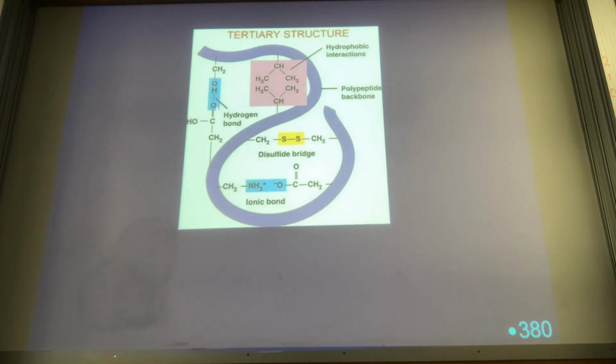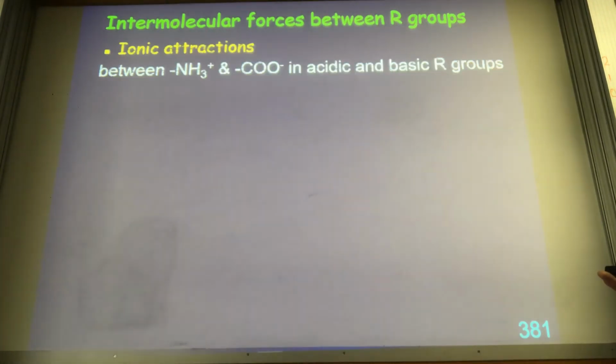We can get ionic bonds formed, where we've got an acidic and a basic amino acid side chain. And we can get disulfide bridges formed when two cysteine molecules actually physically react together to form a covalent bond. We also get dipole interactions and ion-dipole interactions as well. So let's go through them.